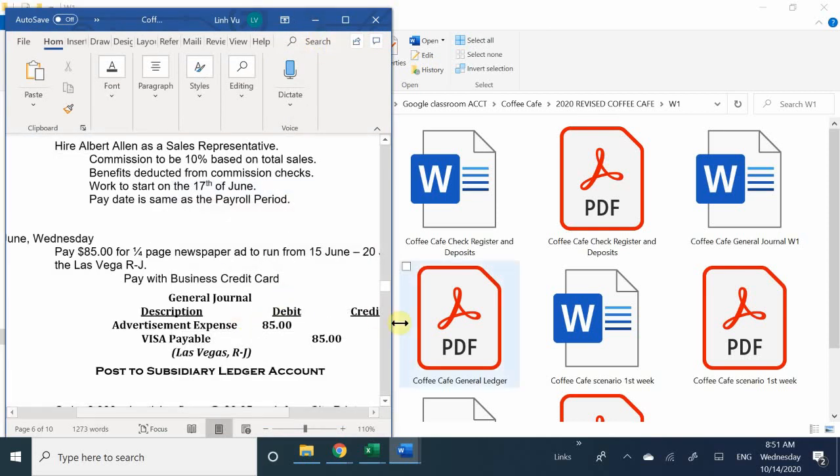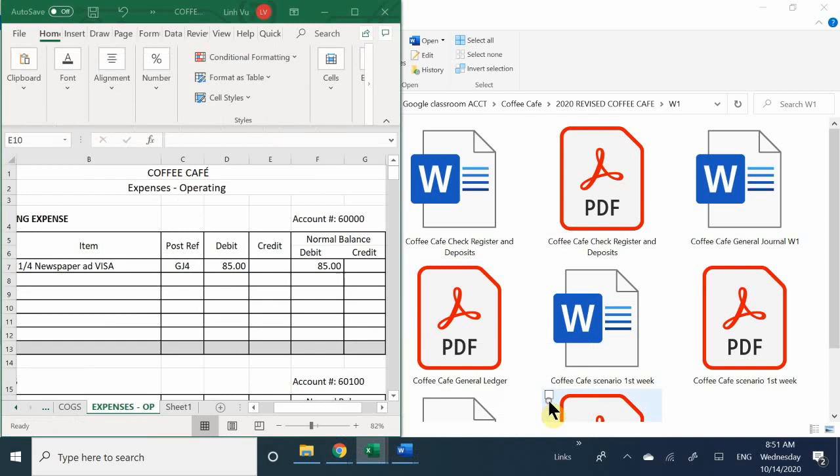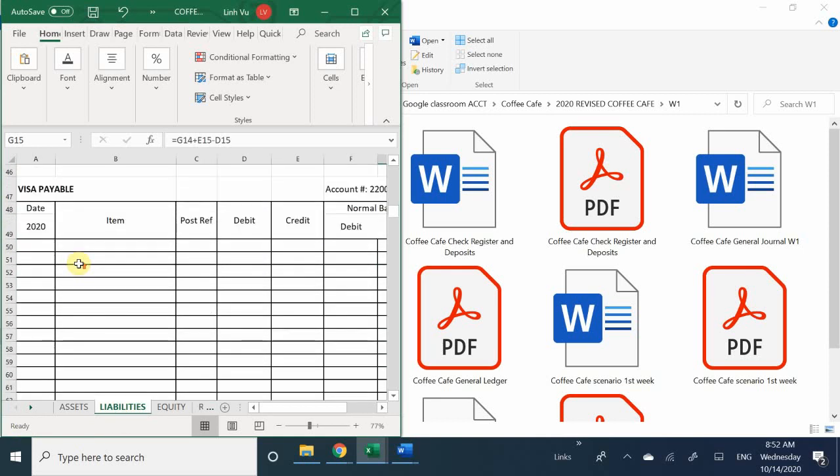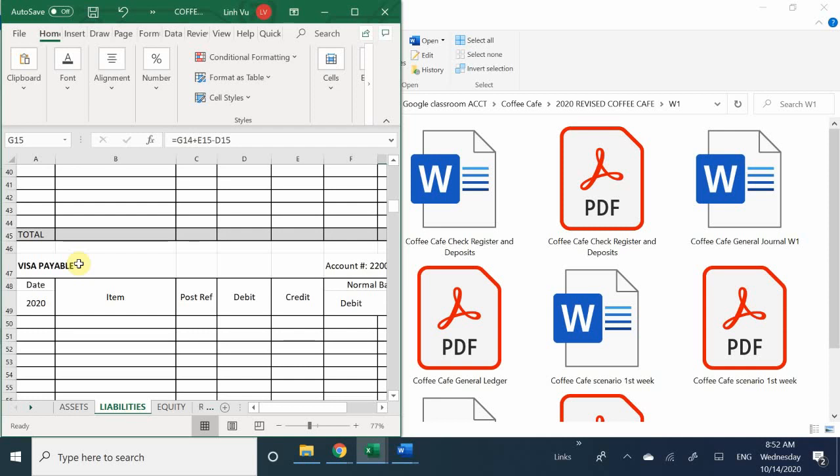Okay. So now that we're going to update our ledger, our very first transaction here was my advertising expense. So I've completed it here. Now I'm going to go into my liabilities, skip my accounts payable and go right to Visa payable. Here, June 12th, we bought newspaper advertising.